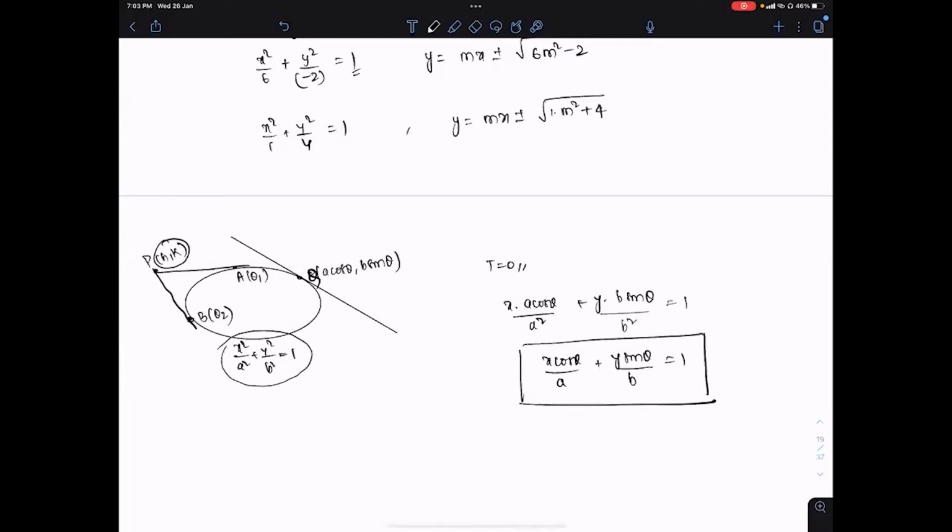If you substitute h comma k in the parametric form equation of tangent, you know x, you know y, you know a, you know b. The only variable involved is theta, so the solution will be these two angles, theta 1 and theta 2.